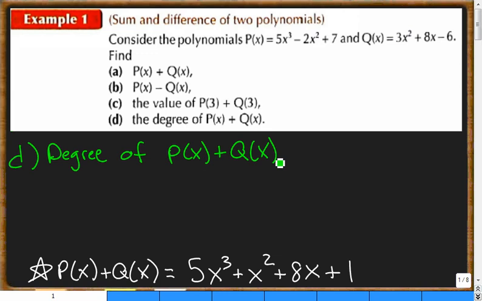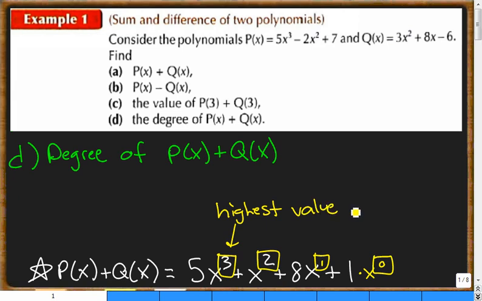Well, our degree is the greatest exponent of x in a polynomial. So when we look at our exponents, we've got 3, we've got a 2, we've got a 1, and then technically this is an x to the 0. So our degree is the highest value exponent. So in this case, the degree is 3.